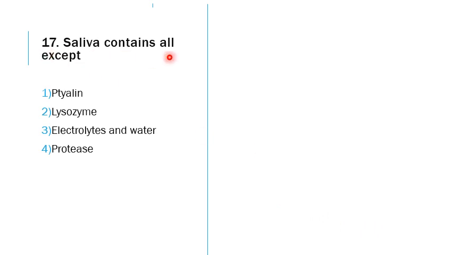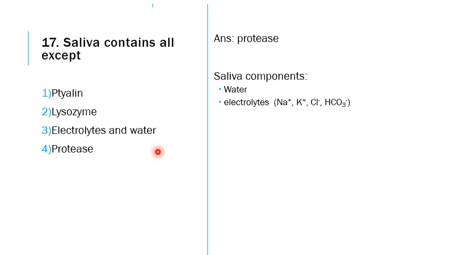The 17th question is, saliva contains all except. Options are ptyalin, lysozyme, electrolytes and water, or protease. The answer is protease. Let us see the contents of the saliva. The major content is water, and then it has the electrolytes like sodium ions, potassium, chloride and bicarbonate ions.